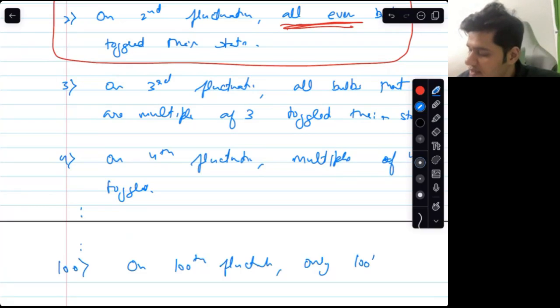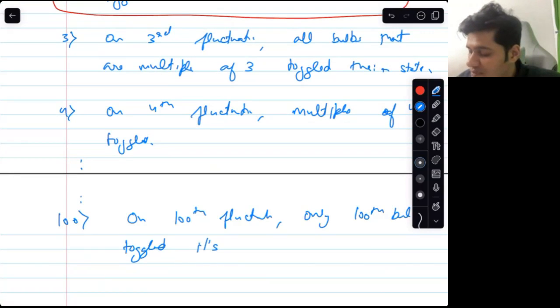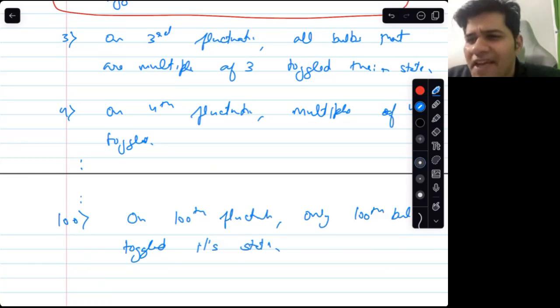Only the 100th bulb toggled its state. So I just want to ask a question. In the 50th fluctuation, which two bulbs will toggle? Multiples of 50. So that is the 50th bulb and the 100th bulb. Is this clear?